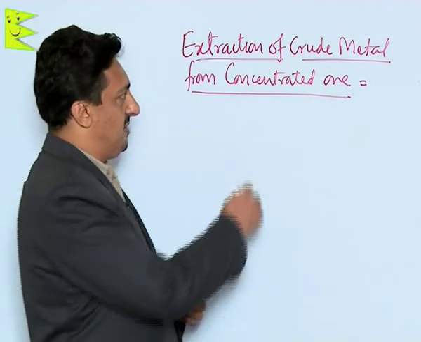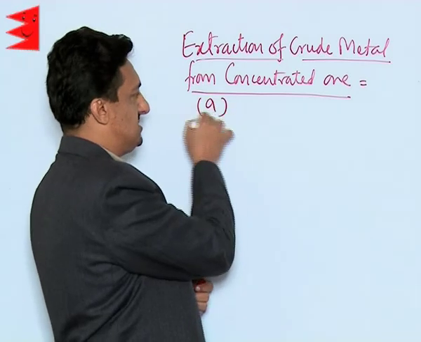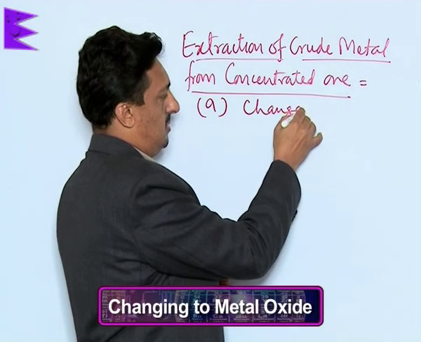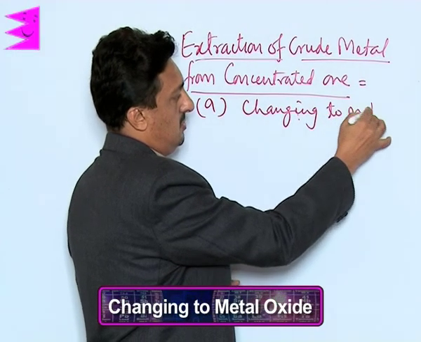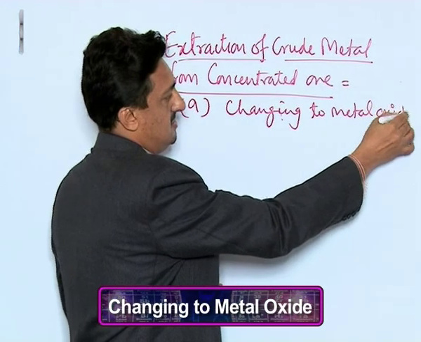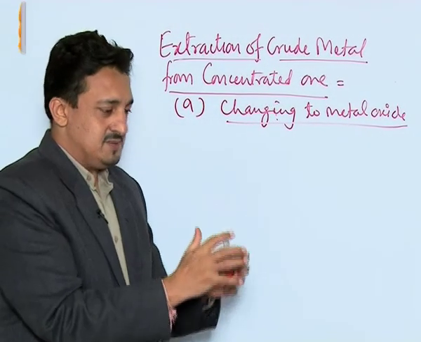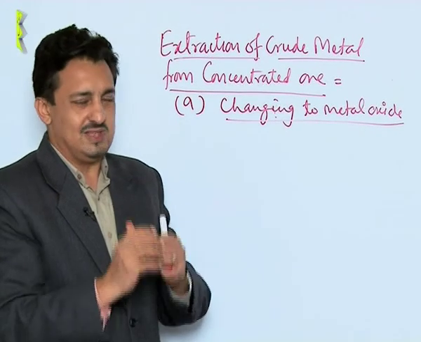This process of reduction of the concentrated ore to the crude metal involves two steps. The first is changing to metal oxide. The concentrated ore is first converted to the metal oxide.